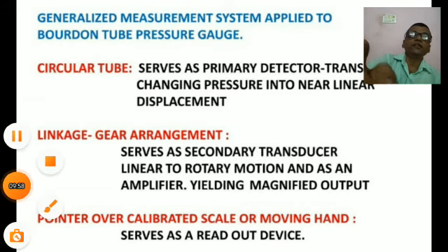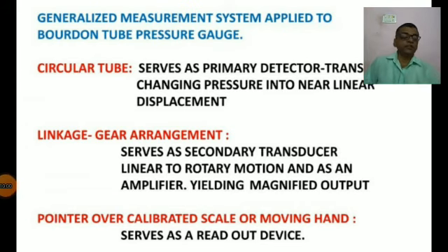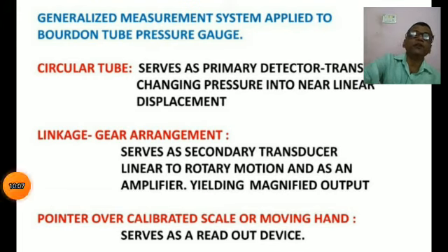So this is regarding the generalized measurement system applied to the Bourdon tube pressure gauge.